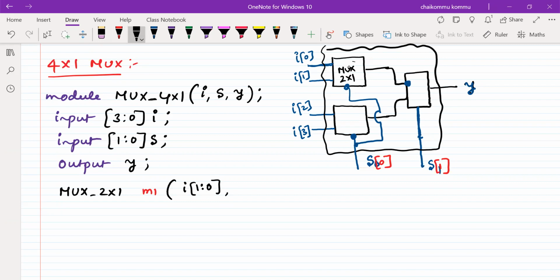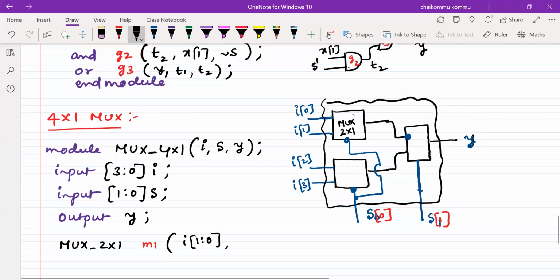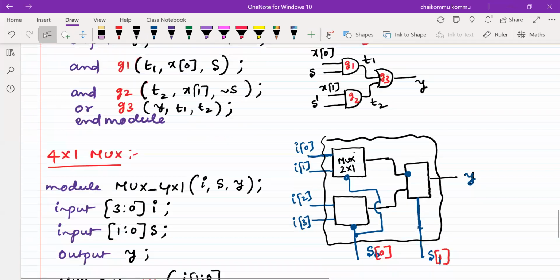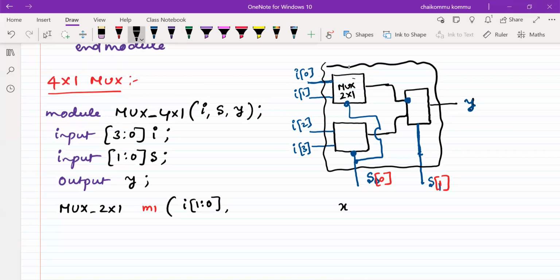So 0 is LSB, 1 is MSB. It's a 2-bit size that is mapped with this X. So that means X is mapped with I of 1 down to 0. Clear?